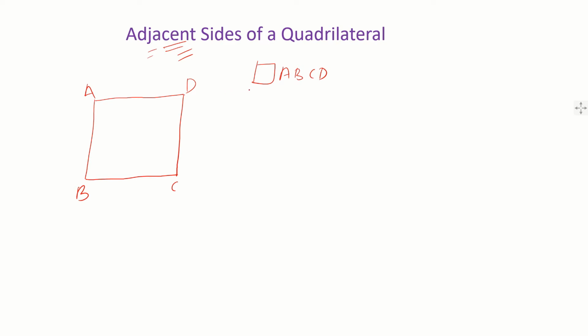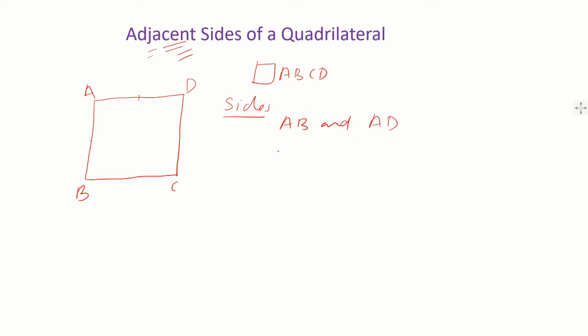सा है? I can simply say that if I take AB, sides which are adjacent, AB and AD, I can write.